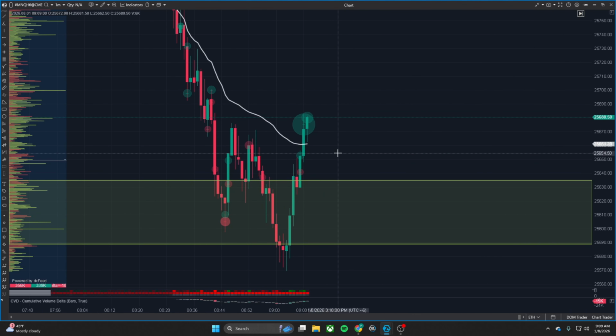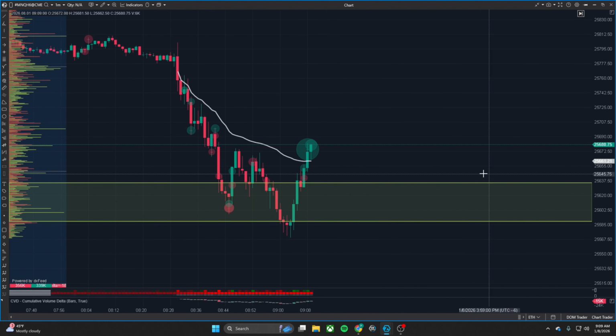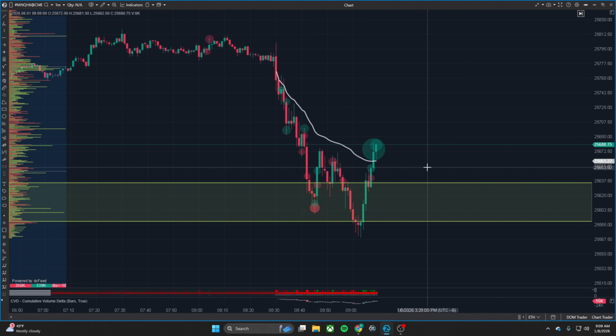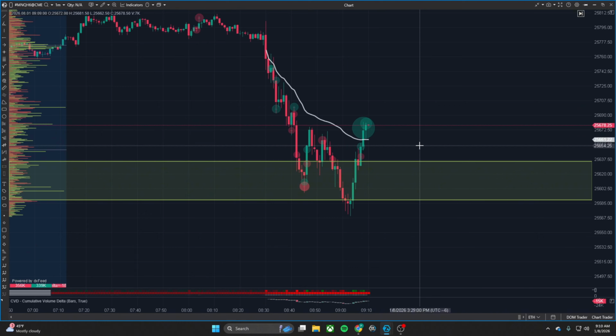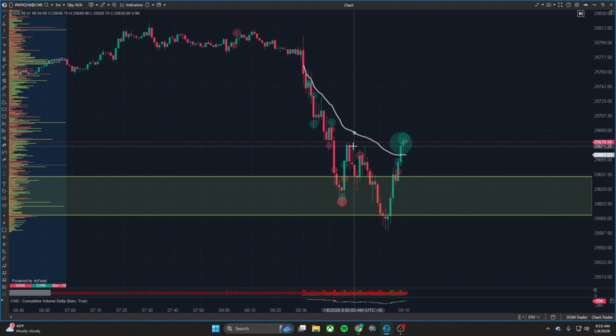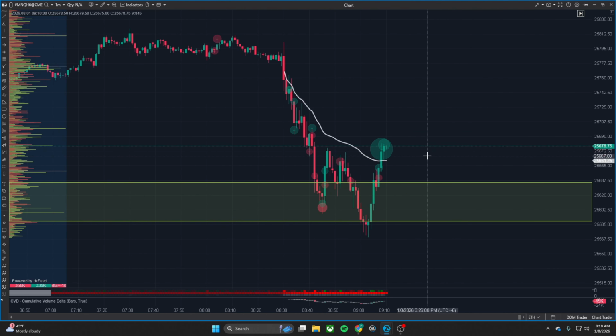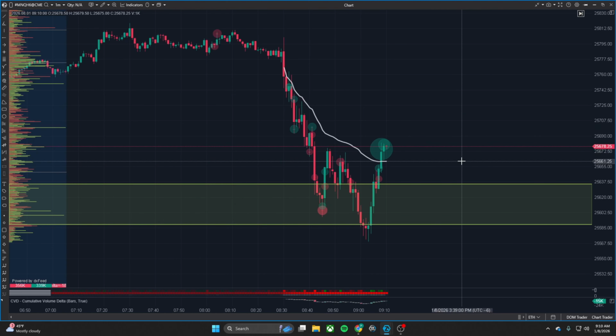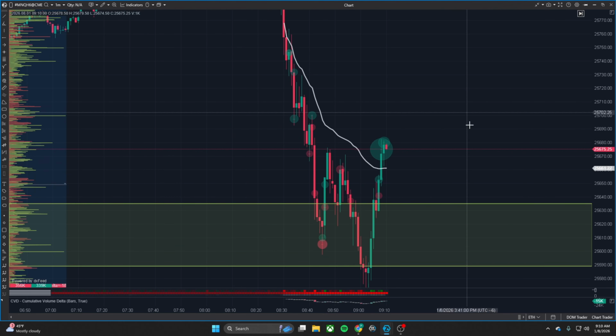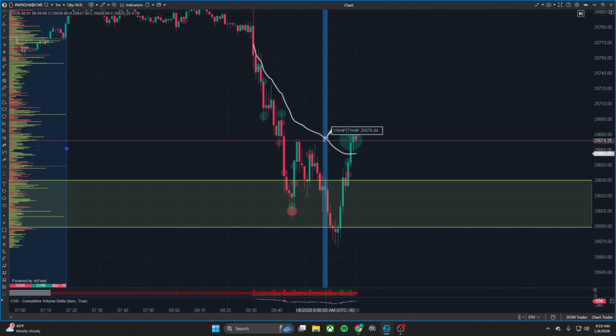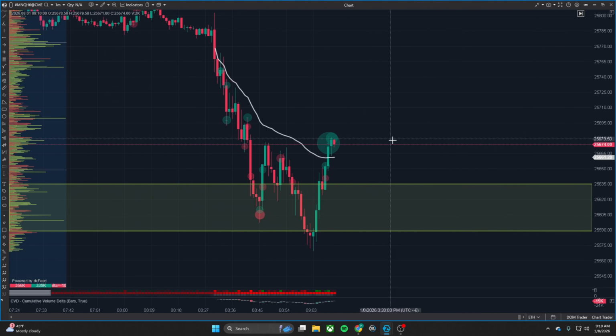So looks like we might reverse here, but I'm actually going to, yeah, we might just reverse off of this, because see, we already broke this kind of internal high. And it's to be expected, guys. This move is actually ridiculous.